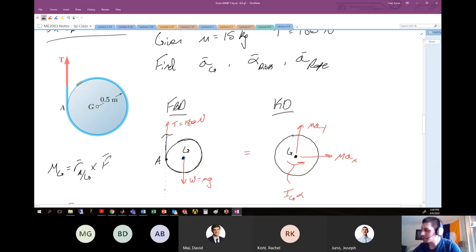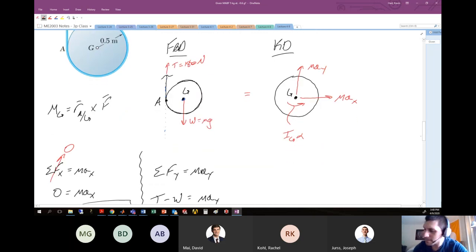Well, in this particular situation, the moment at G is R_AG, which is this distance here. This is the position vector locating A from G, and we're going to cross that with this force here. This is how we figure out what the moment about point G is.